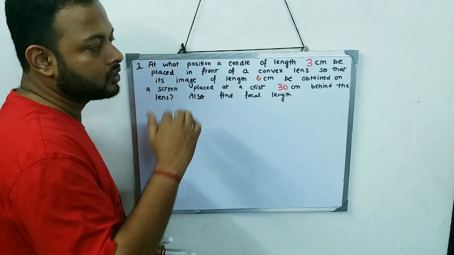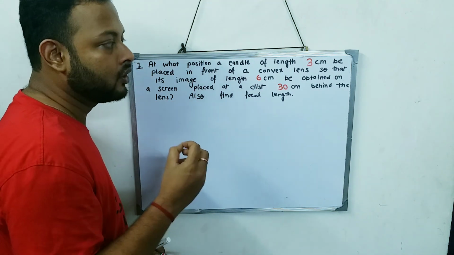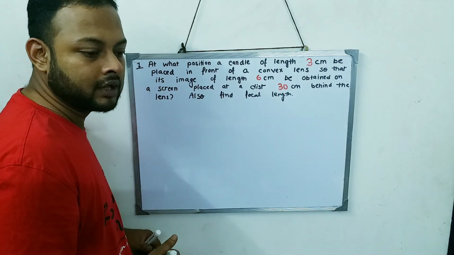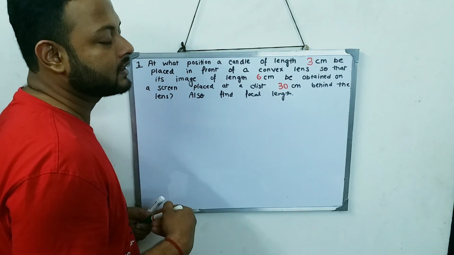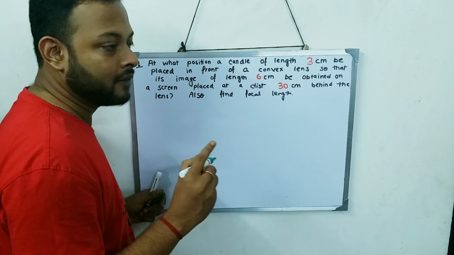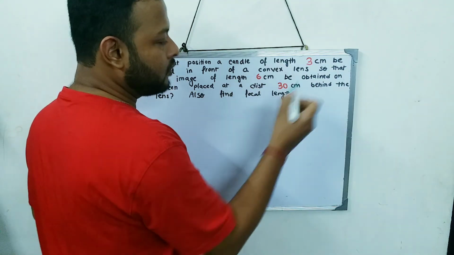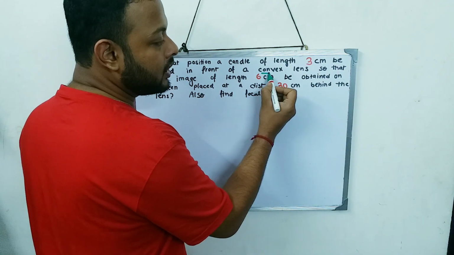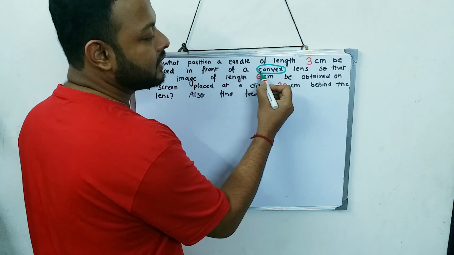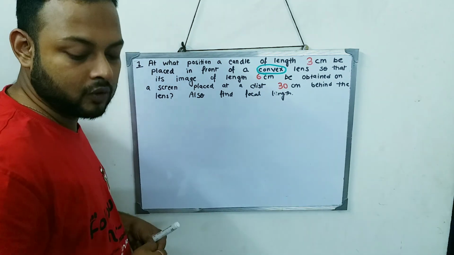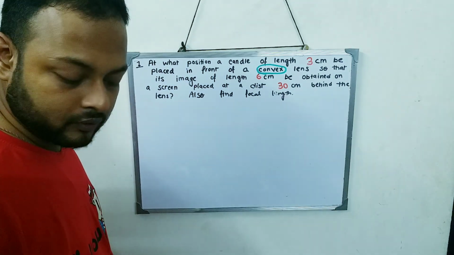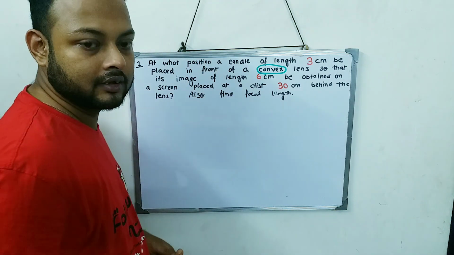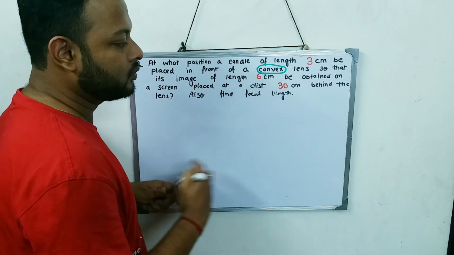First, in the whole question, try to find out what lens I am using, a concave lens or a convex lens. This should be your first approach. If I see the whole thing, I find this word convex lens, and as I find this word, try to draw a diagram related to a lens.